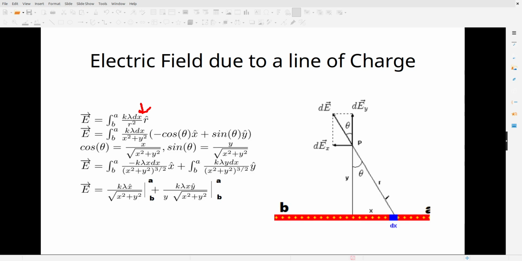r is the square root of x squared plus y squared. And this r hat is negative cosine of this angle theta x hat plus sine theta y hat. This angle is supposed to be here. Sorry about that.